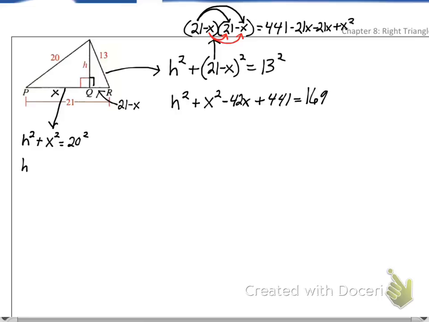So we just have h squared plus x squared equals the big old 400. There's a very clever thing we can do here. I have two equations. What could I do next, Mary? I can absolutely substitute. What would I need to substitute, or what could I substitute?